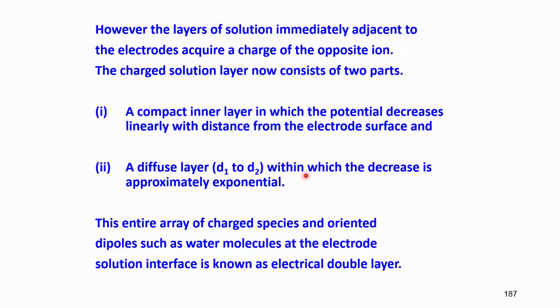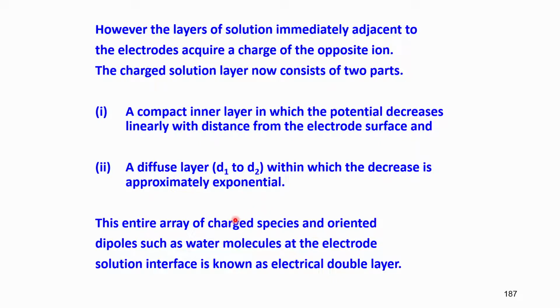What is the parameter we are talking about? We are talking about the potential. So, a compact inner layer in which potential decreases linearly with distance from the electrode surface in the liquid junction, and it also has a diffuse layer within which the decrease is approximately exponential.